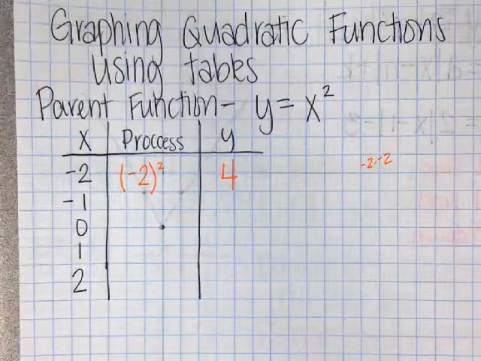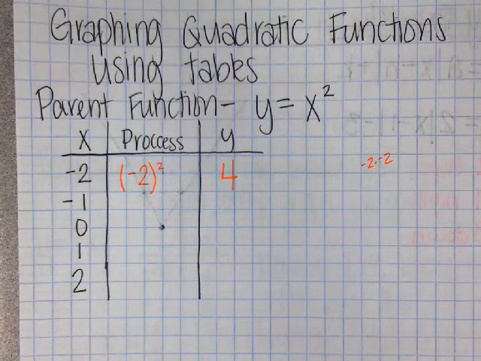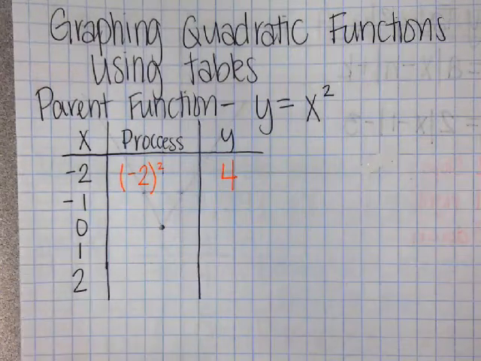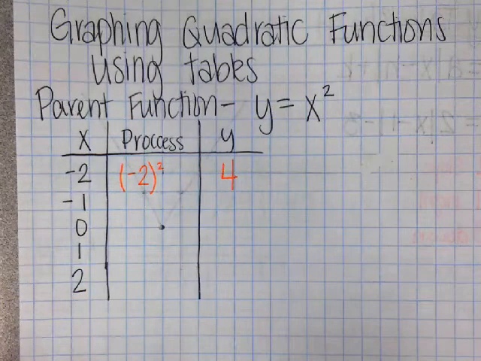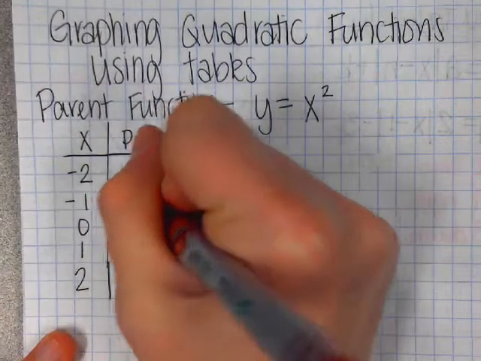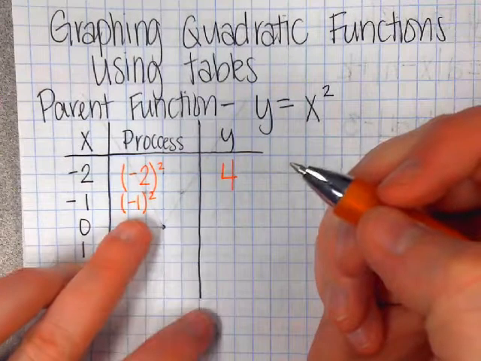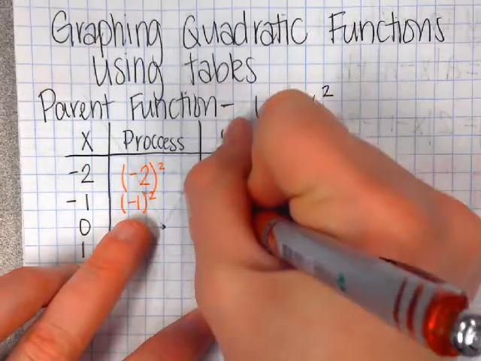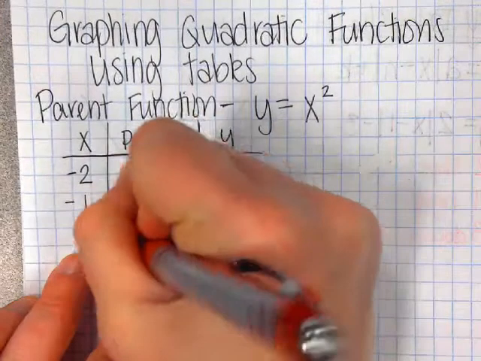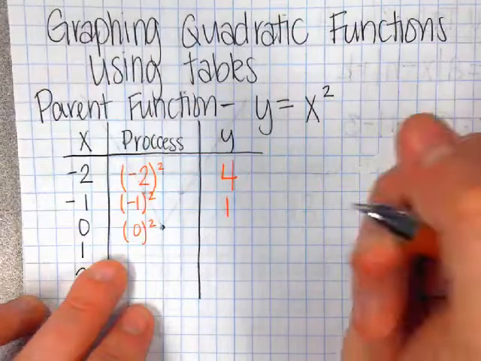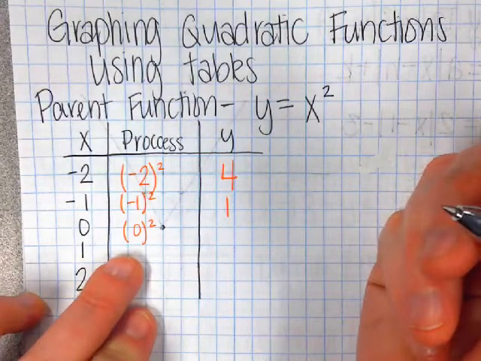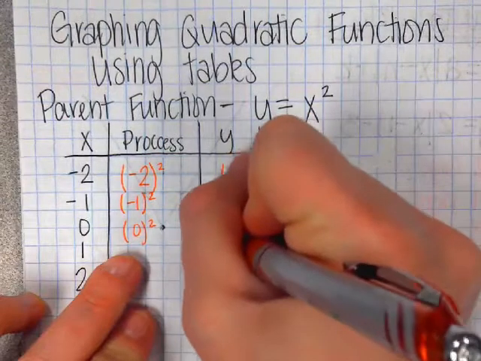Oops, I don't know why I put that over there in the middle of where my graph's going to be in just a second. I'm going to white it out so it starts drying. Okay, then the next one would be -1 squared. So a negative times a negative is a positive. 1 times 1 is 1. Okay, 0 squared, 0 times 0 is 0.